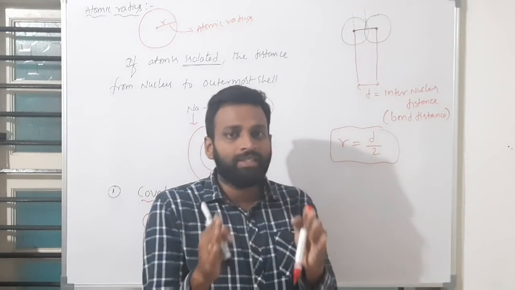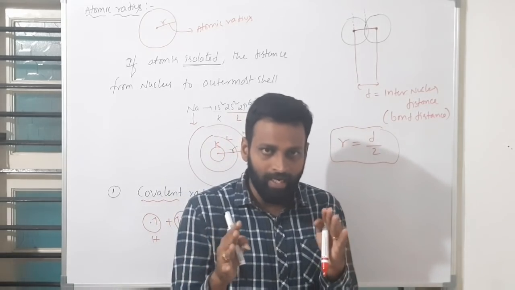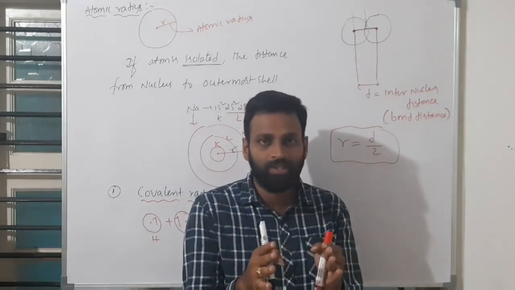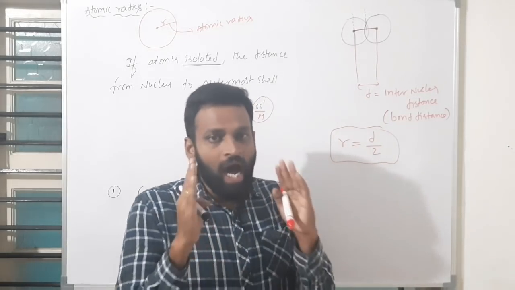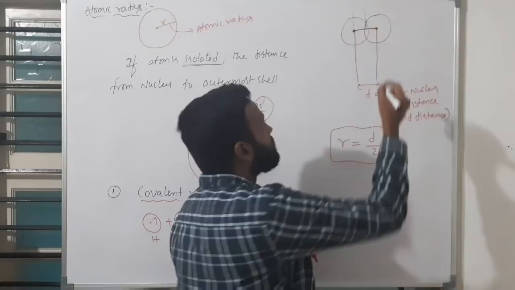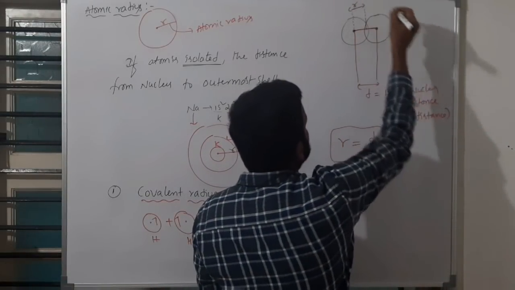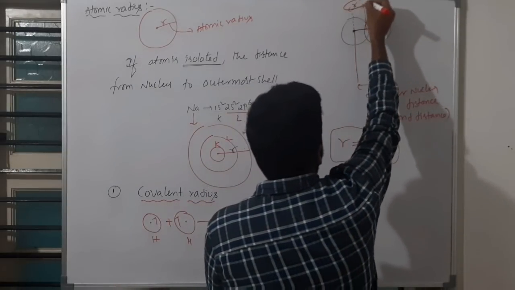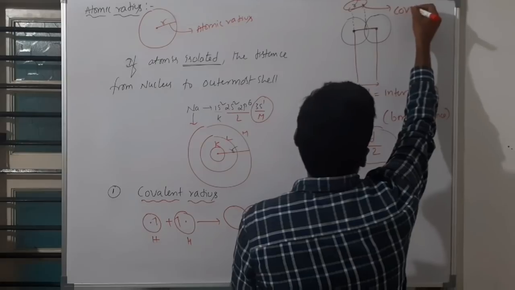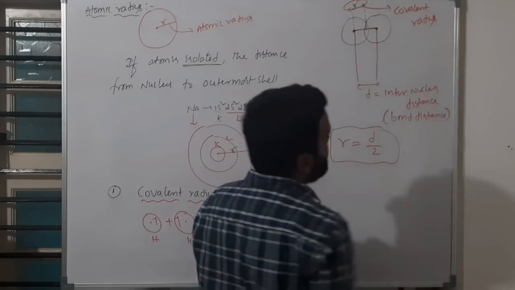So the internuclear distance is nothing but what? The distance between the nuclei of two atoms which are in closest approach. Half of the internuclear distance is called, what is this called? Radius. This radius is called covalent radius.